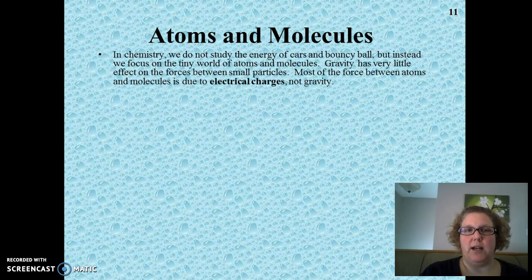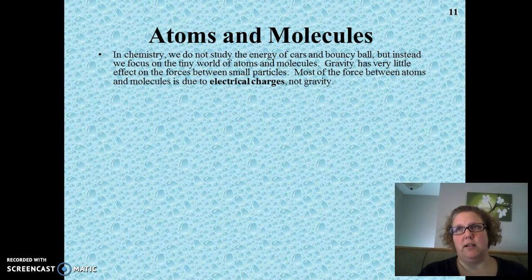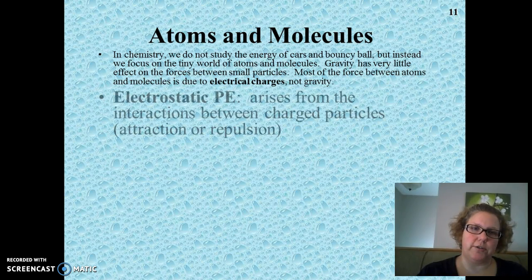Most of the force between atoms and molecules is due to electrical charges, meaning the positive protons and the negative electrons. Okay, gravity is not responsible for holding a nucleus together or chemical reactions. That's all about charge.